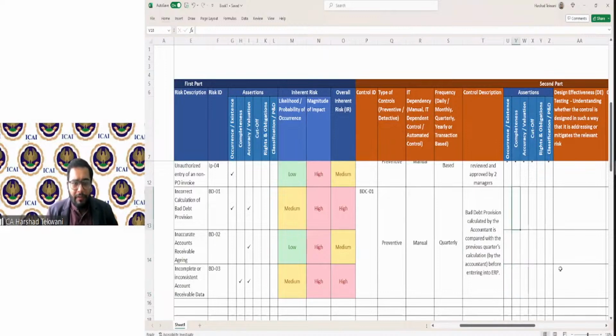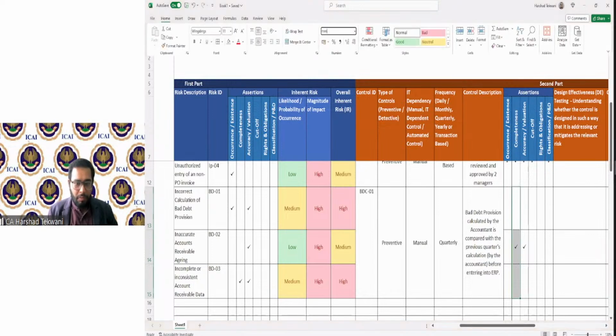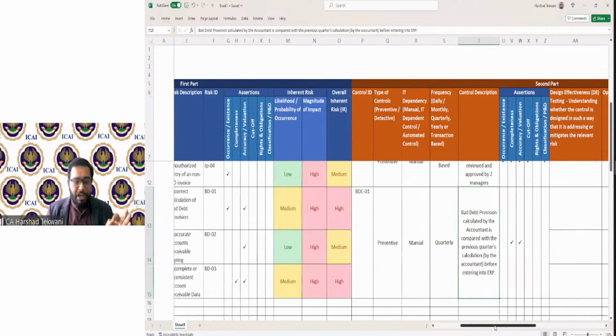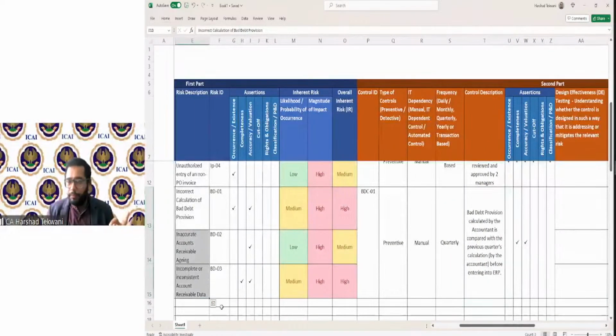Now I say this control is giving me comfort on, let's say, completeness and accuracy. So the next question here is, do you think this control is sufficiently able to stop these risks?